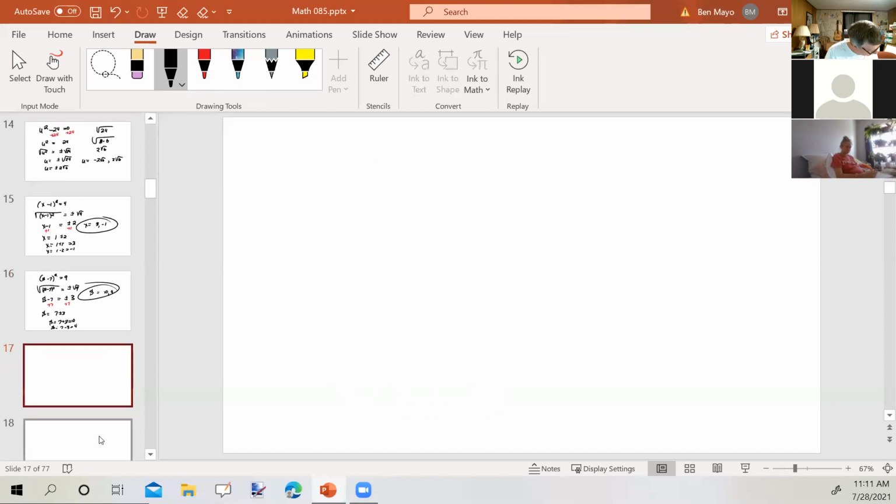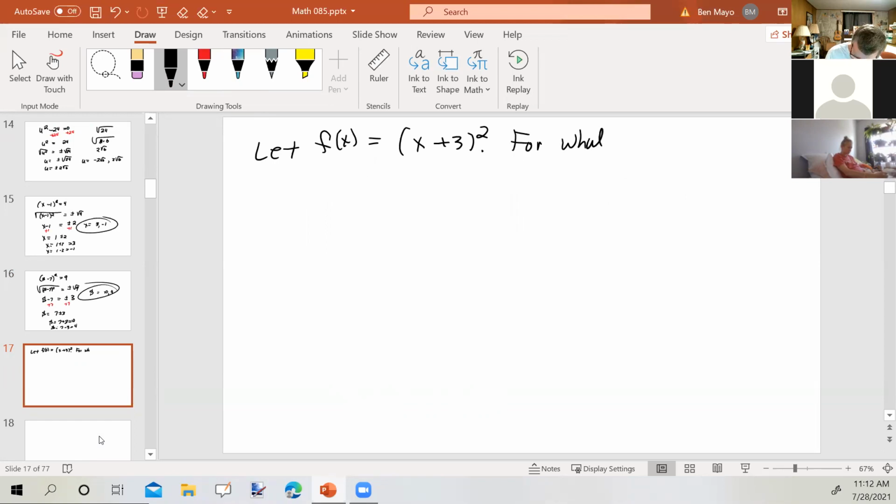All right, let's see here. One more example. Let f of x equal the quantity x plus 3 squared. For what value or values of x is f of x equal to 7?